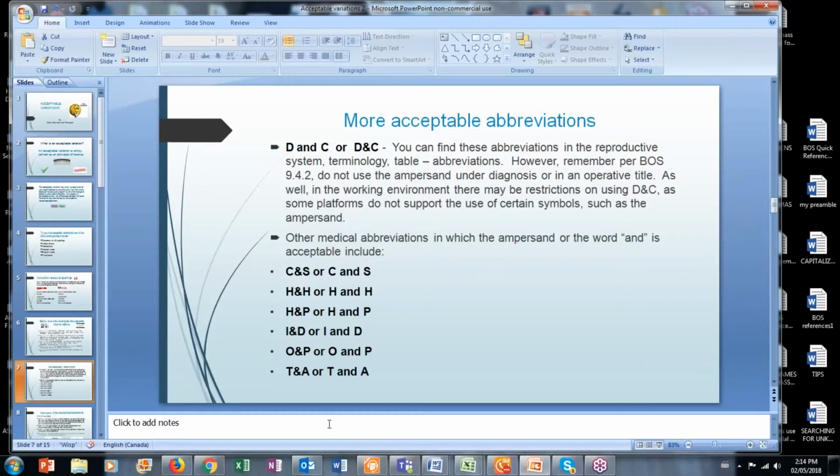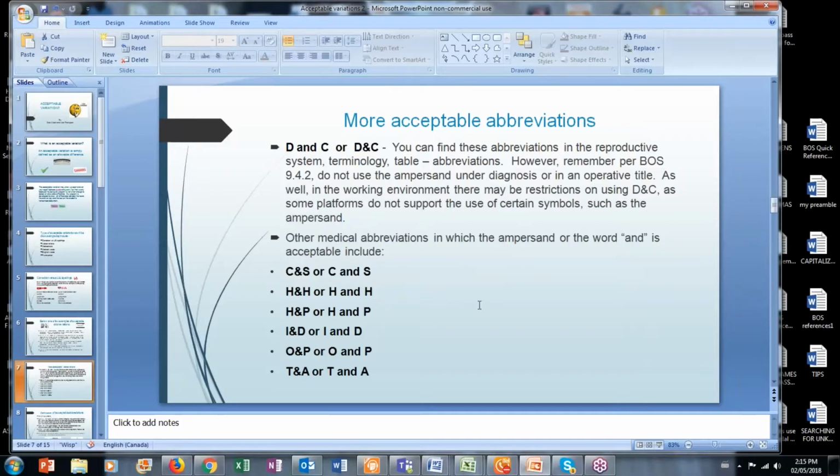So when they look at that, it could be a totally different type of symbol altogether. So you're best off, once you get out in the work world, to find out what the preference is when it comes to any one of these, whether it's DNC or CNS or H&P, whatever. Just make sure you find out when you're there.